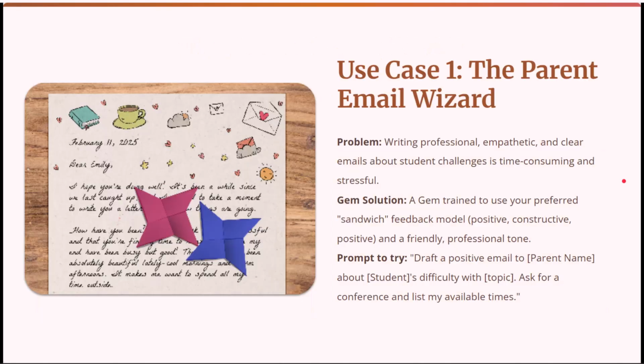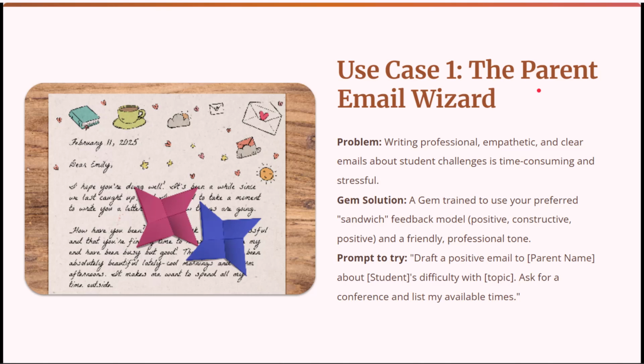Here's an example case: the Parent Email Wizard. Your problem is that you're writing professional, empathetic, and clear emails about student challenges. It's time consuming, and we stress over these emails.